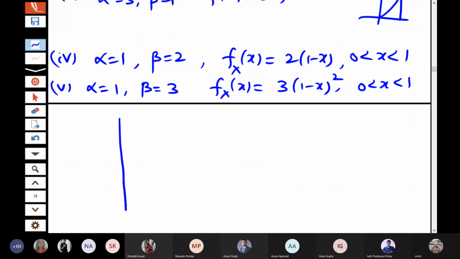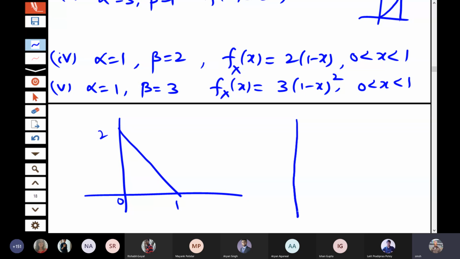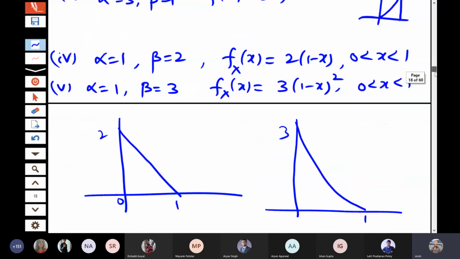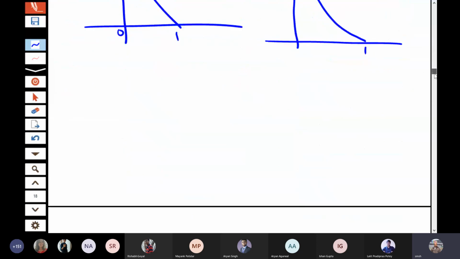So you have various representations here. For example, if I am having this 2 times 1 minus x, then it is like this. If I am taking 3 times 1 minus x square, then it is of this form. Okay. So you can see that various kinds of shapes are possible here. Suppose I take alpha equal to half, beta equal to half. Okay. Suppose I take alpha equal to beta less than 1.